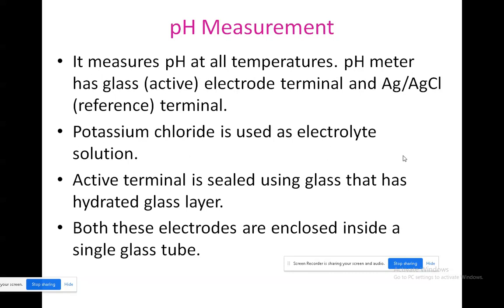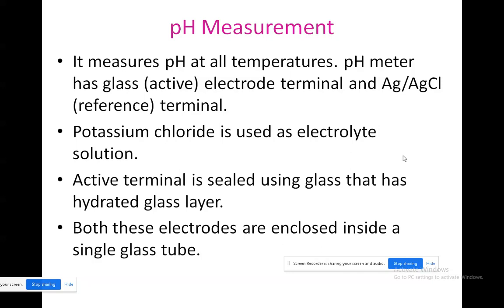So the pH meter has the glass electrode as the active electrode, and a silver and silver chloride electrode as the reference terminal. Potassium chloride is used as the electrolyte solution in the pH meter, and the active terminal is sealed using glass that has a hydrated glass layer.